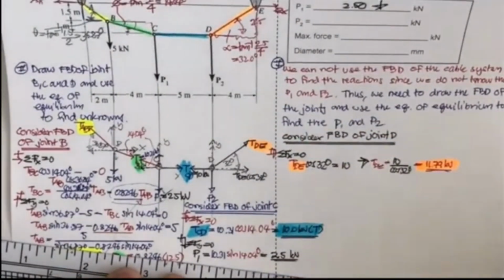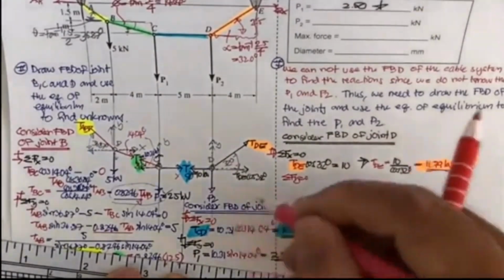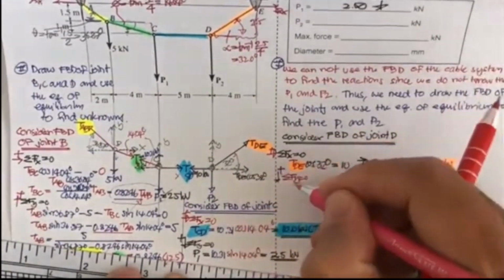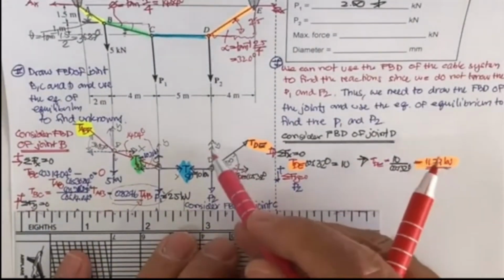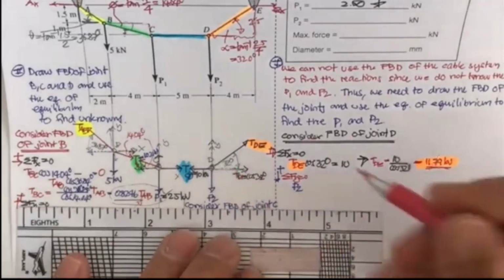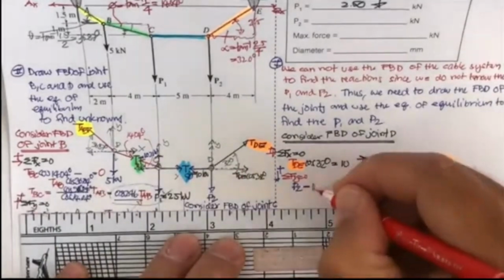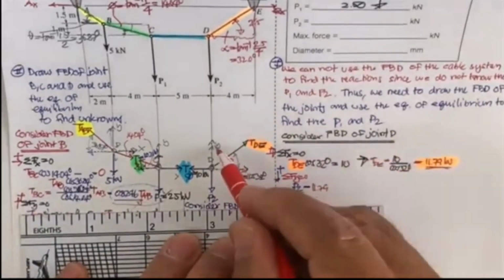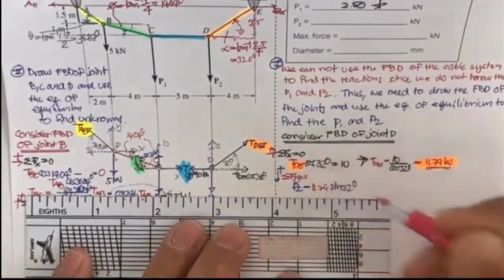And finally, if you do the summation of F sub y equal to 0, and P2 downward is positive, so the P2 is here. And the P2 is what? P2 is downward, and this one is upward, so it's going to be equal to 11.79 times sine 32 degrees.